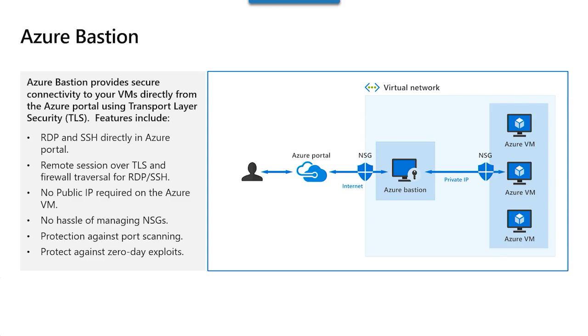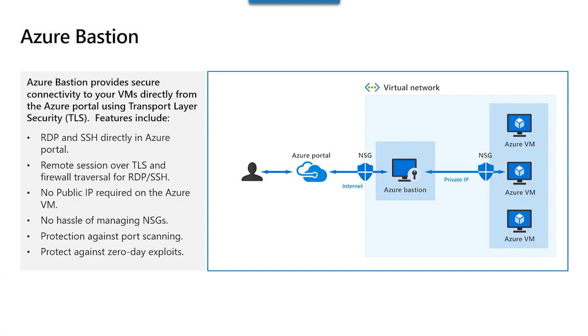But if you are using those remote desktop protocols and the SSH ports, guess what? You have just exposed yourself to different types of attacks. And that's where we have Azure Bastion. What this does is it's providing a secure RDP or SSH connection to all of your virtual machines from the Azure Portal.